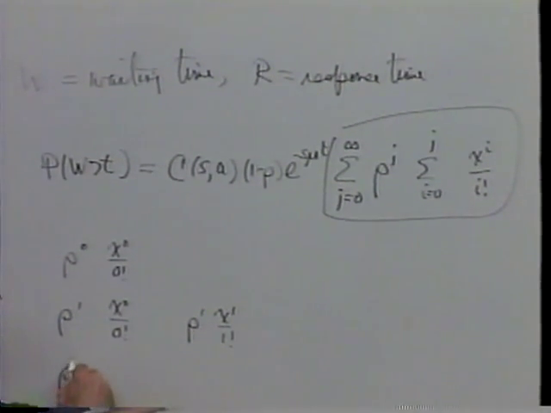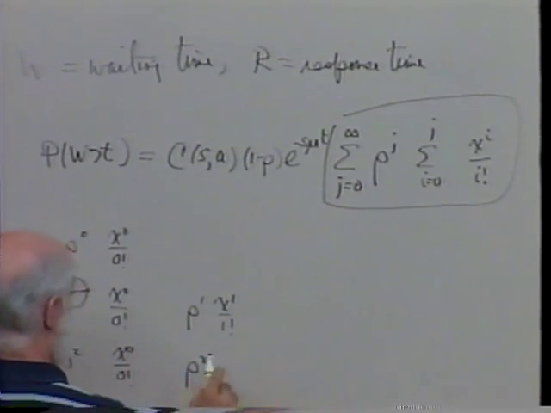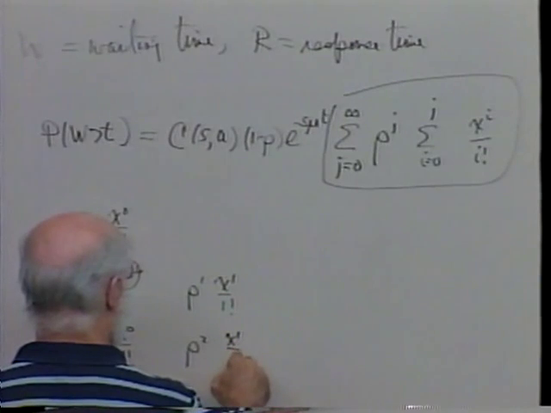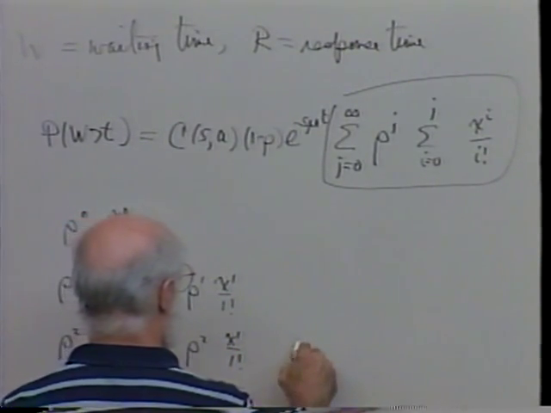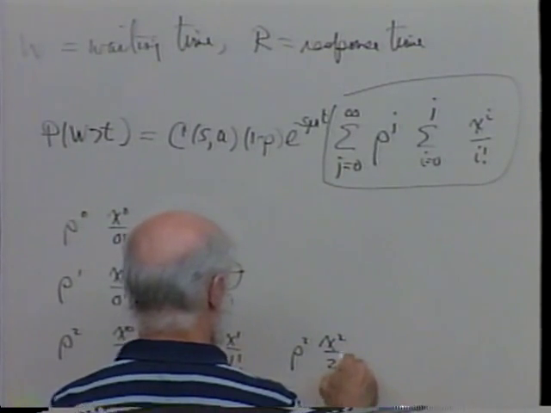The next row is going to be rho squared x to the 0 over 0 factorial, rho squared x to the 1 over 1 factorial, rho squared x to the 2 over 2 factorial.